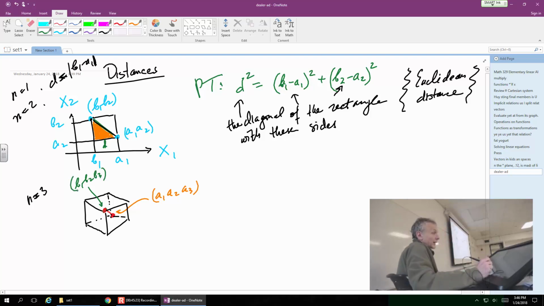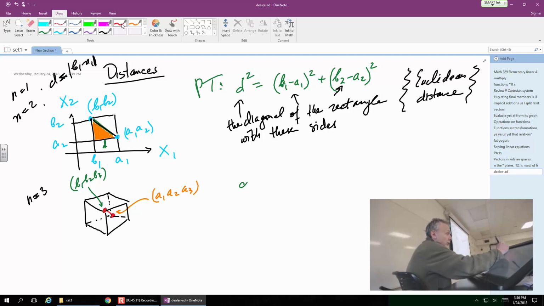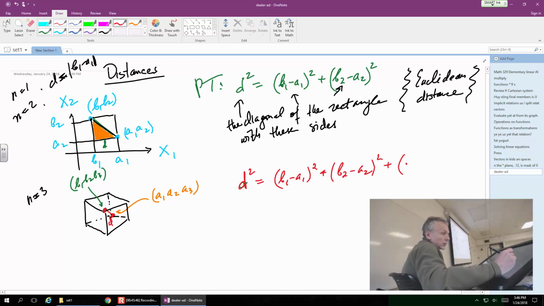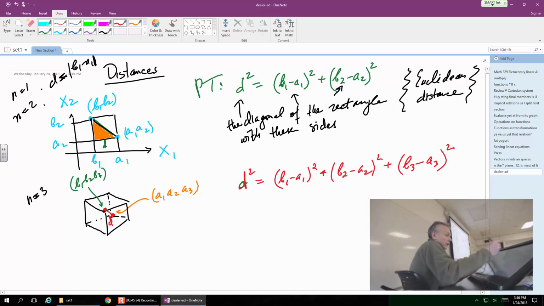Okay, so we can guess what the distance is. We can guess what the answer is supposed to be. So the length of that red diagonal over there is equal to B1 minus A1 squared plus B2 minus A2 squared plus B3 minus A3 squared.